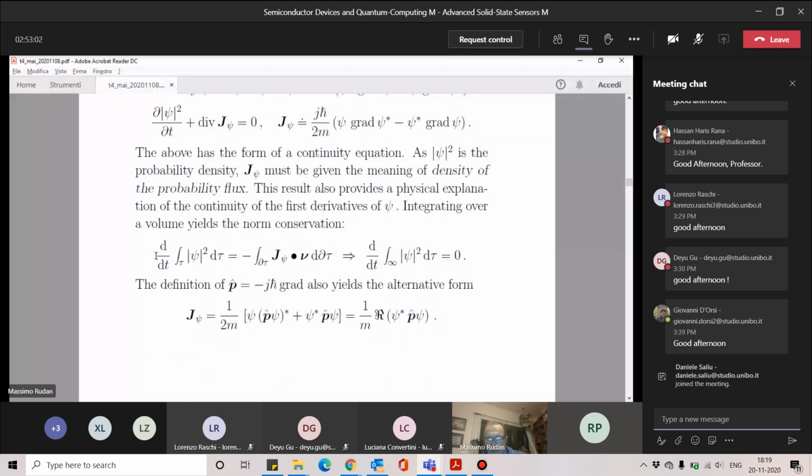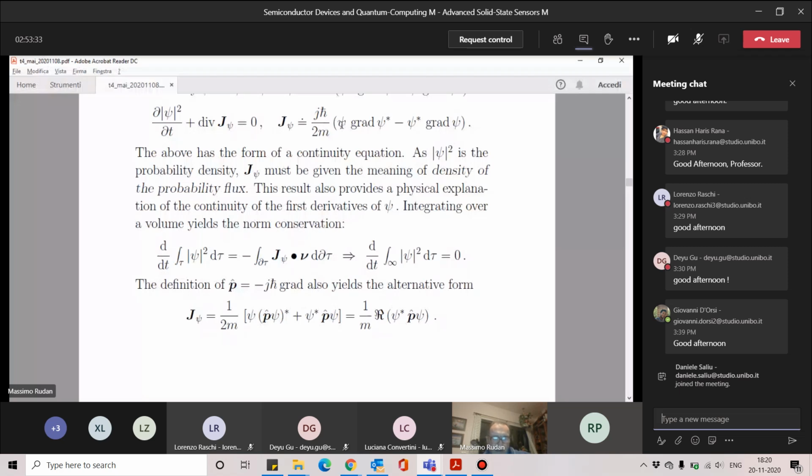On the other hand, if you extend the volume to infinity, the flux of J over the boundary must go to 0, because you extend the boundary to infinity and J is proportional to psi or psi star, so that J goes to 0 at infinity.